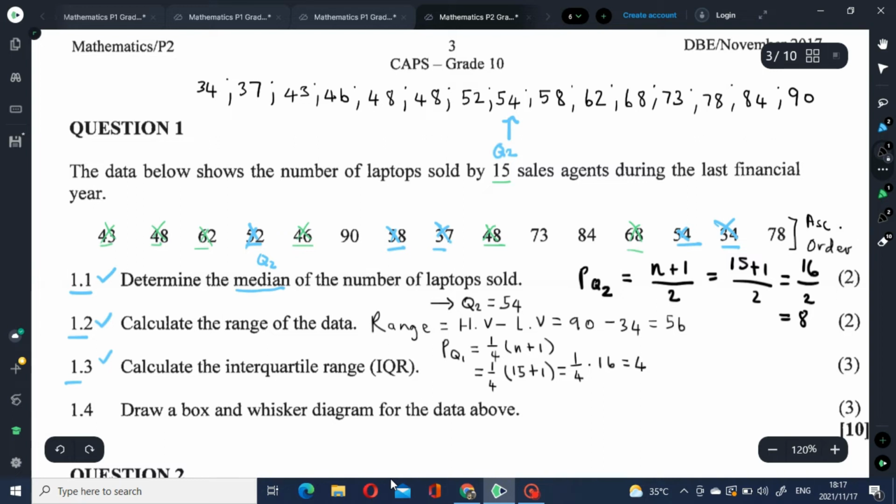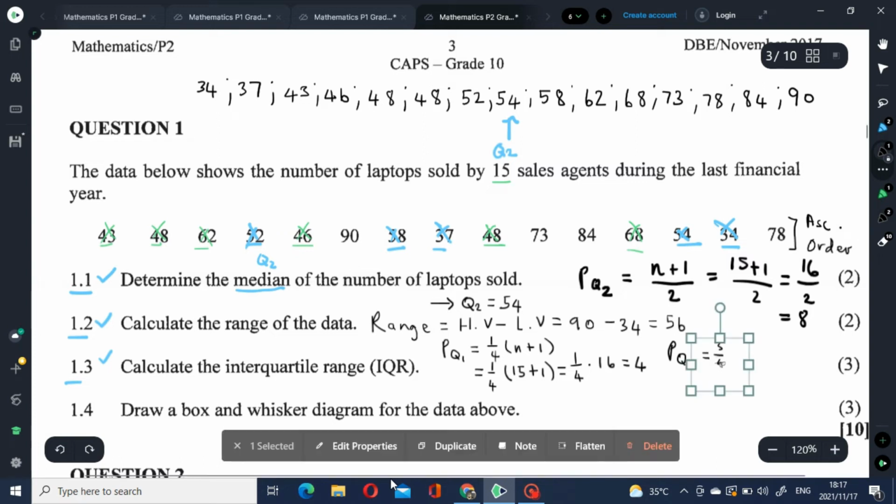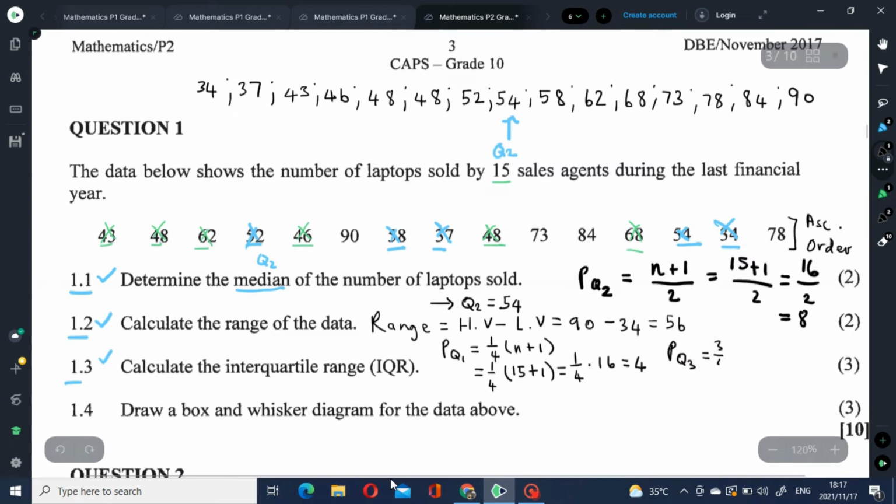So at position 4 we find the first quartile, and it's good to mark it down on the data set, right? So the first quartile, Q1, is 46. Let's mark it on the data set.